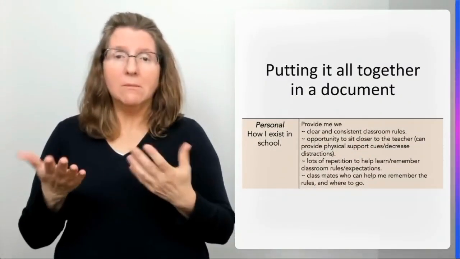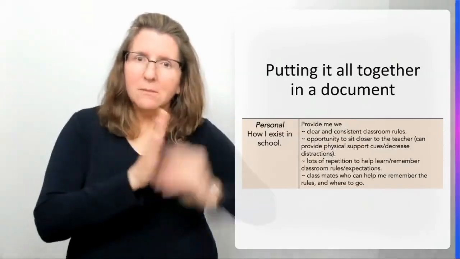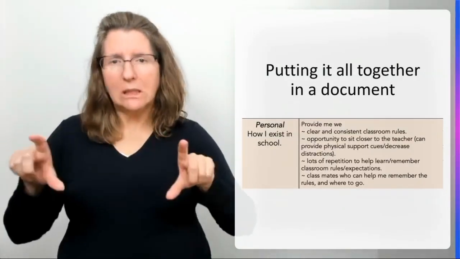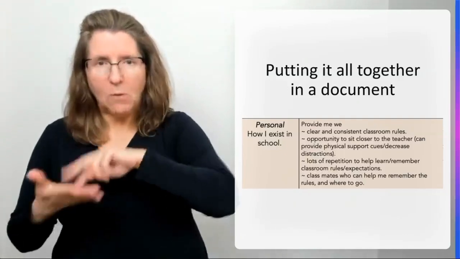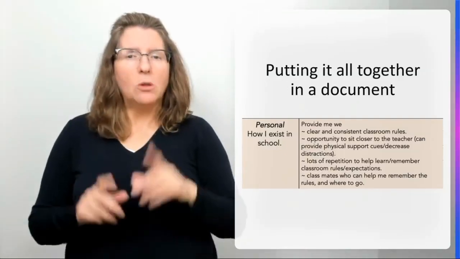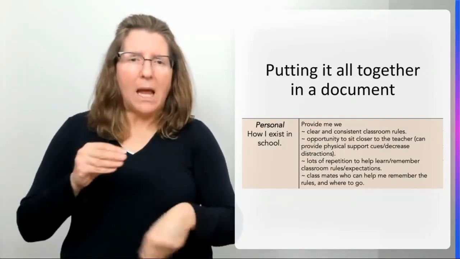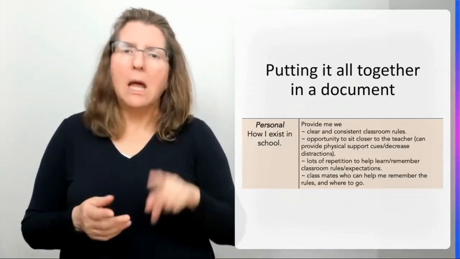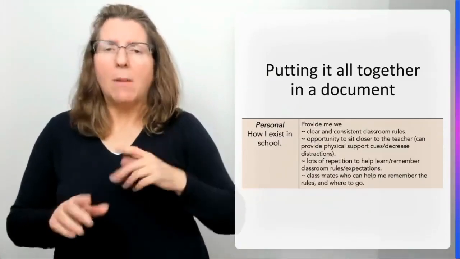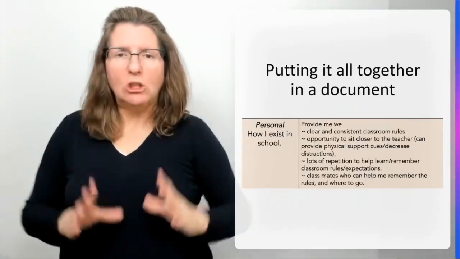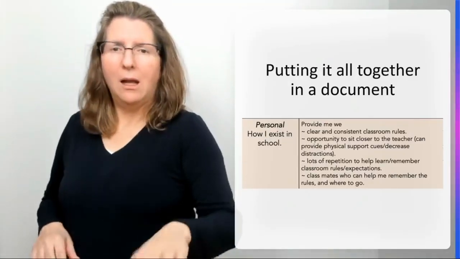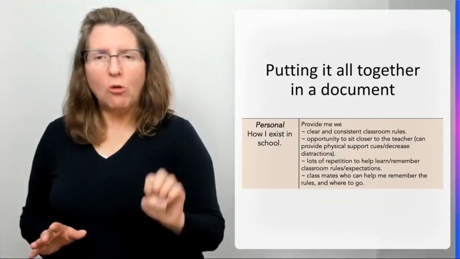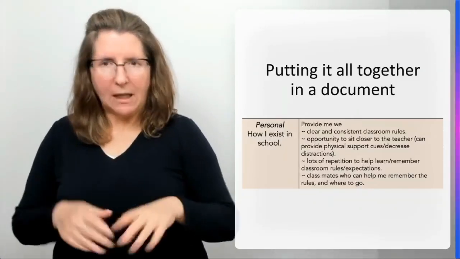Once you decide on the possible supports, then you pull it all together in a document. This slide shows the strategies to support Aiden's personal purposes at school. There's one strategy that's not mentioned here that I'd like to suggest could be another option. Aiden's desk could be situated near the teacher so that she can cue or support Aiden to manage his behaviors.